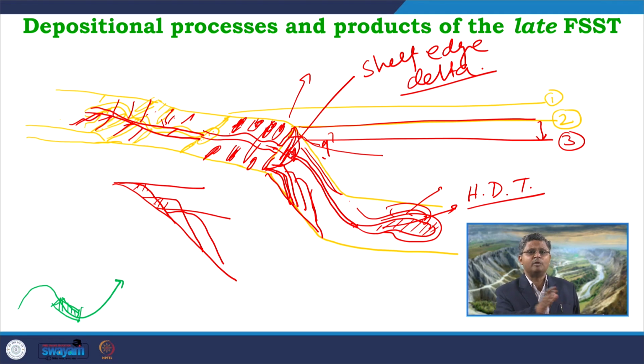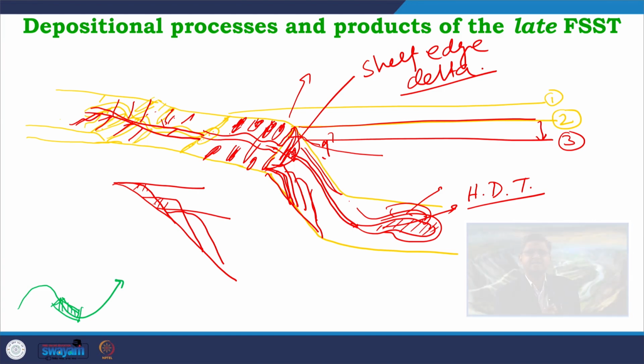Definitely it can vary from basin to basin depending on the extent of this base level change and the nature of the basin, nature of sediment supply. So, if I want to jot down what happens during the late FSST, the sediment mass balance changes in favor of deep marine fans, where mostly we are getting the sand deposited now.